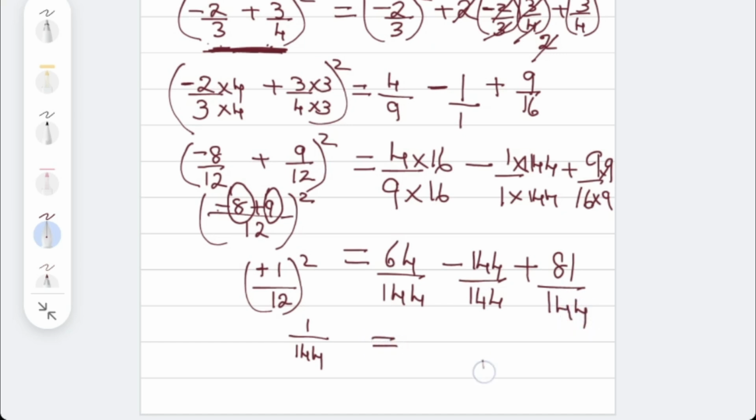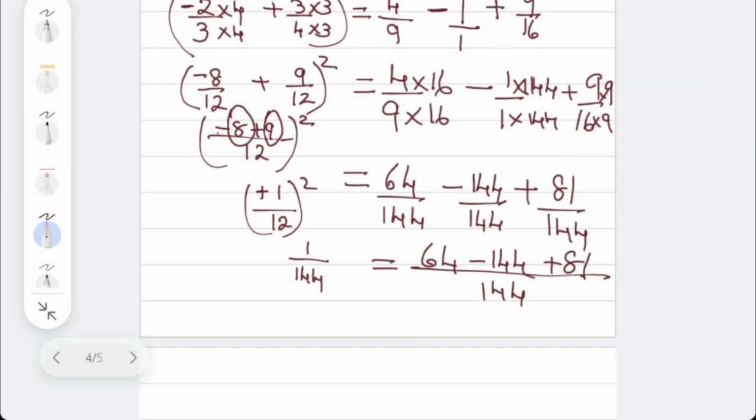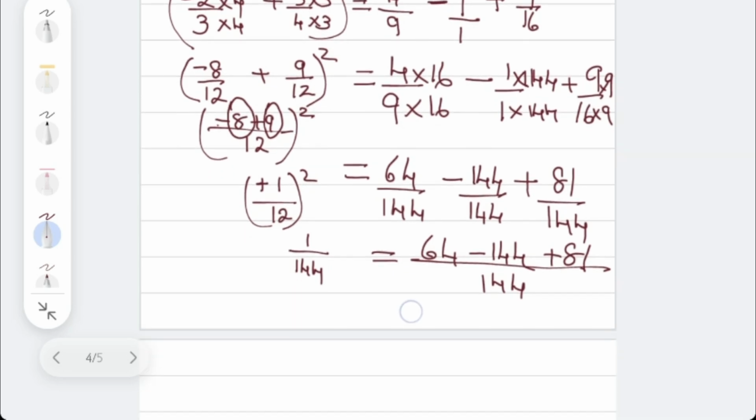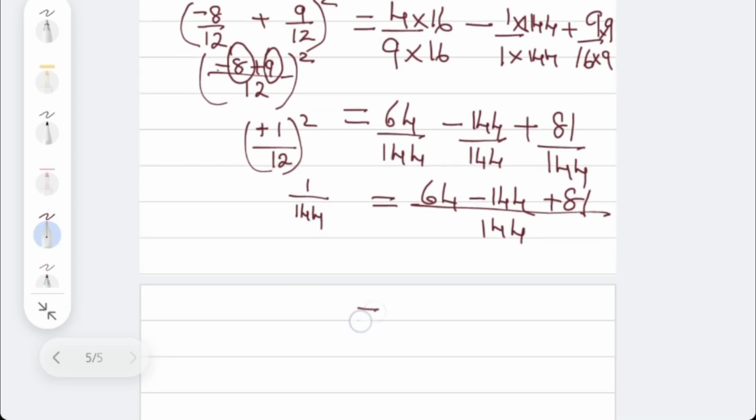So we have 144 as our denominator. For adding or subtracting fractions, we write the same denominator, and here the numerator is 64 minus 144 plus 81. When you do the addition, we have to add 64 and 81.